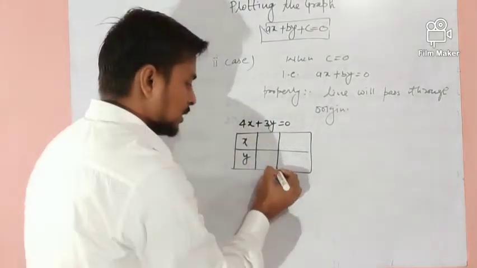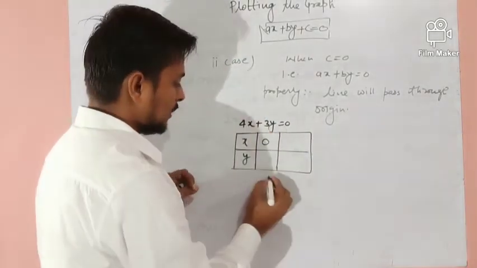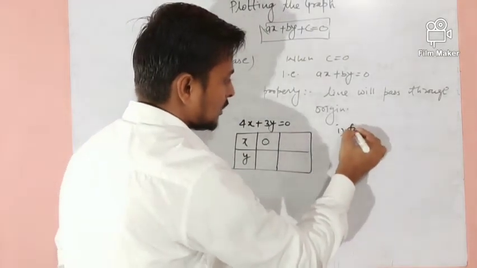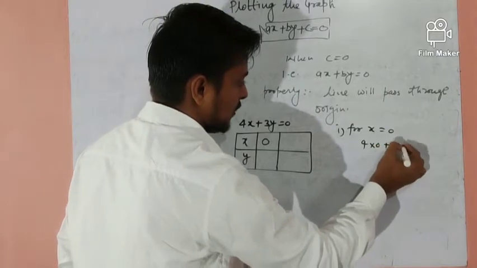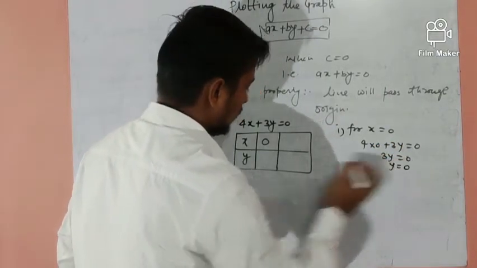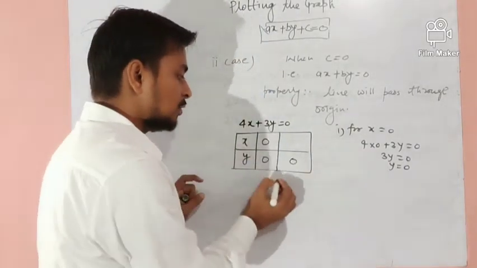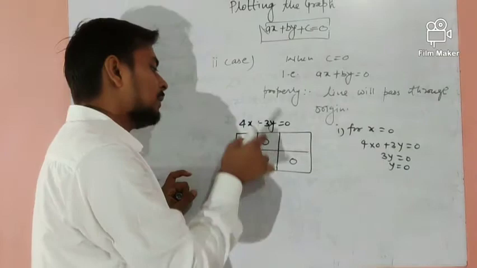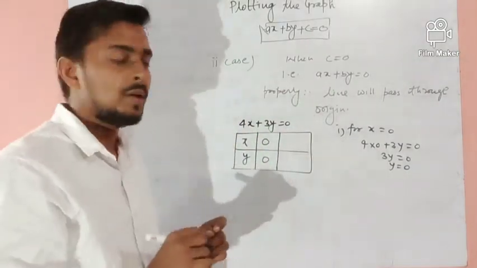If you are taking x is equal to 0, then for x is equal to 0, this is 0 plus 3y is equal to 0, y is equal to 0. Now no need to put again y is equal to 0, because for y is equal to 0 it will again give x is equal to 0. So the same point will repeat.